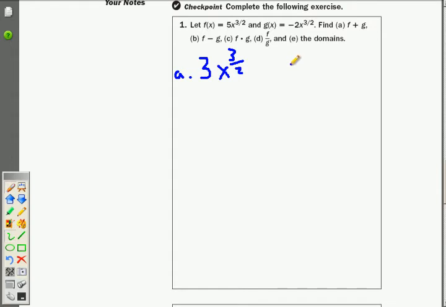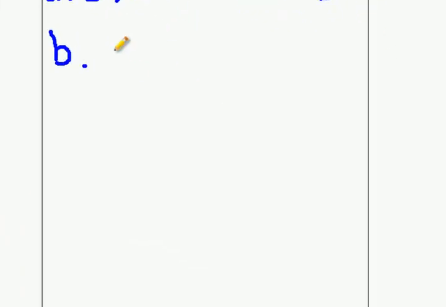So I'm going to have non-negative reals on this one. Double line, non-negative reals. On the B, when I subtract them, it's a very similar situation. 5 minus a negative, well, that ends up being 7, because minus a negative ends up being a plus. And same thing, non-negative reals.